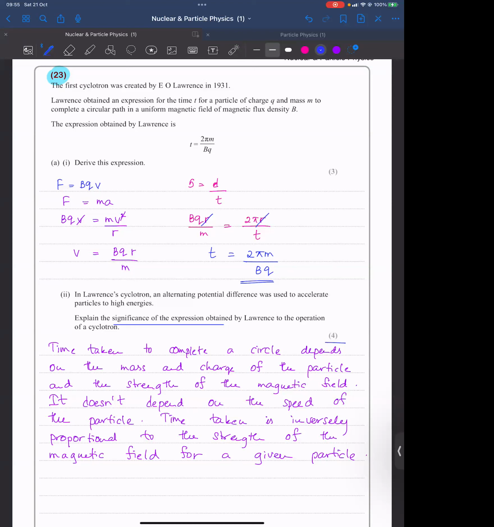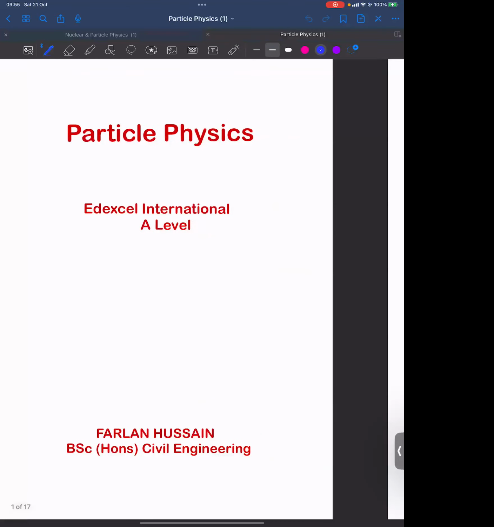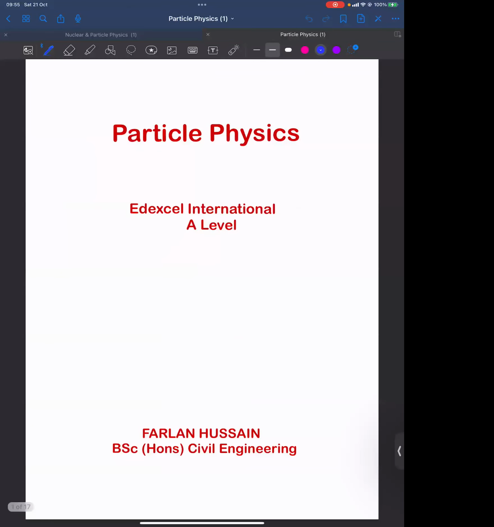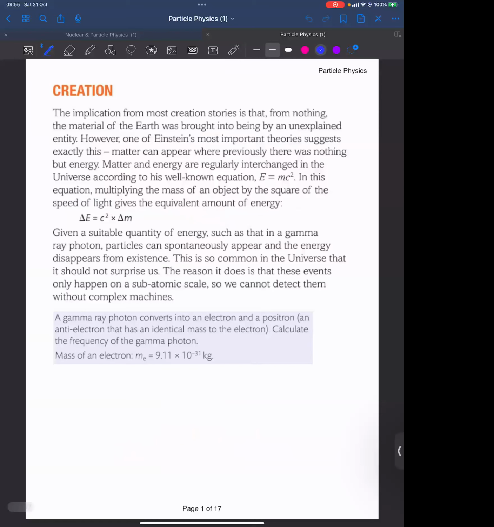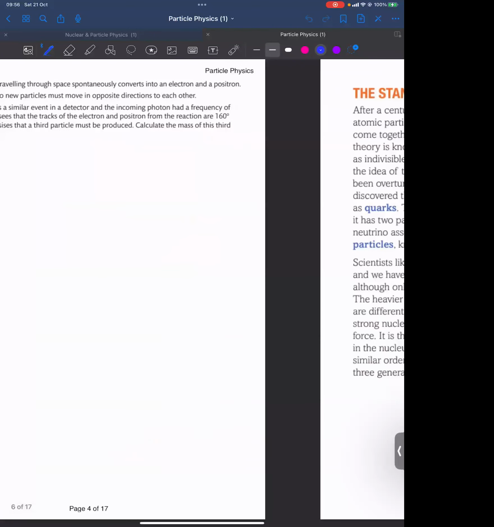Okay. Right, guys. Take the tute, particle physics, from the textbook. The notes are there. Let's quickly go through it.